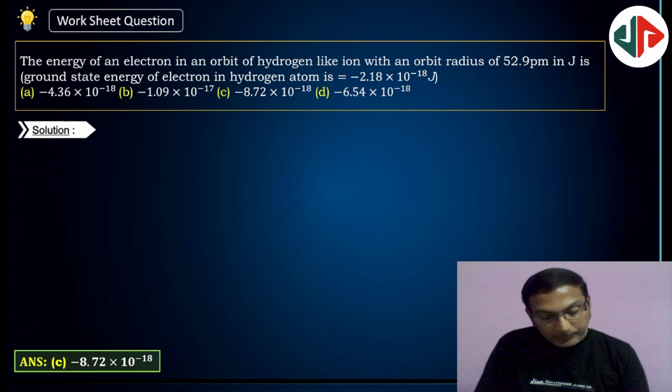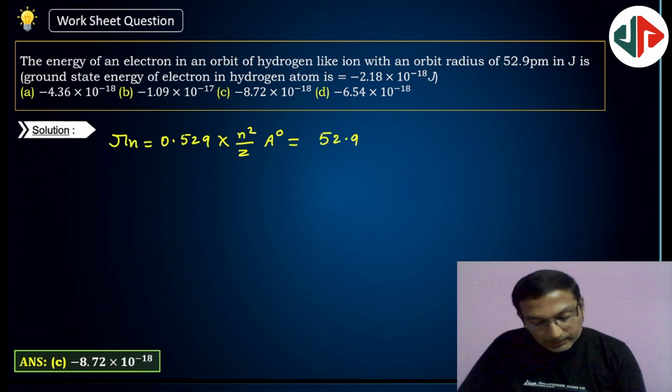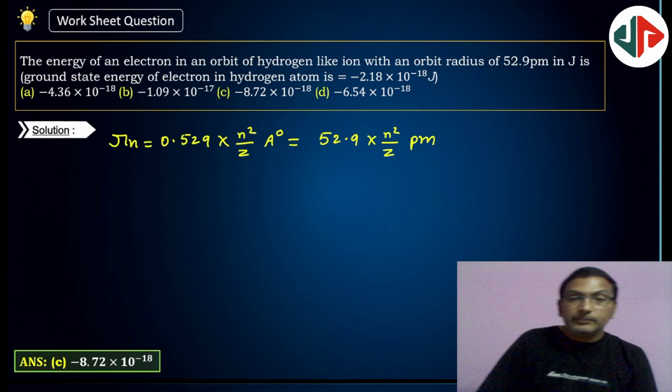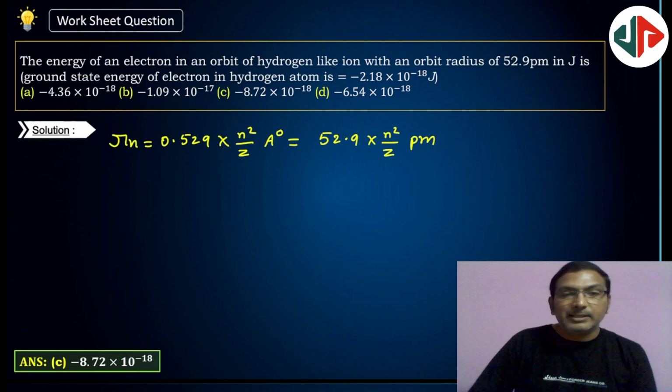So here, radius of nth orbit we know: 0.529 into n square by Z angstrom units, or we can say 52.9 into n square by Z picometers. Just conversion: 0.529 angstrom units is 52.9 picometers.